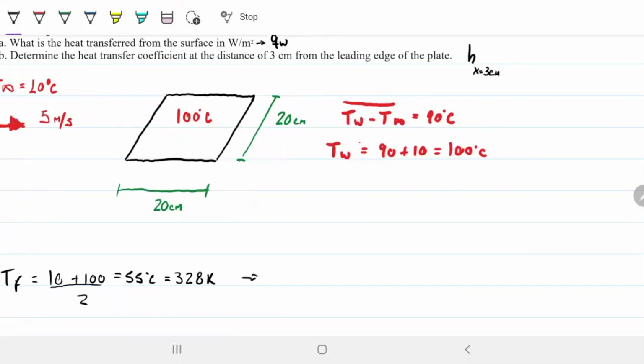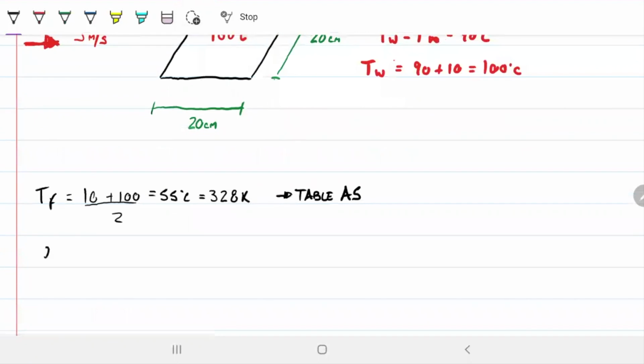So this is air, so I'm going straight into table A5, and I'm extracting everything I need there. So density, this is at 1 atmosphere, so I'm safe.